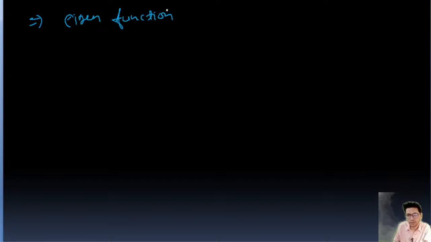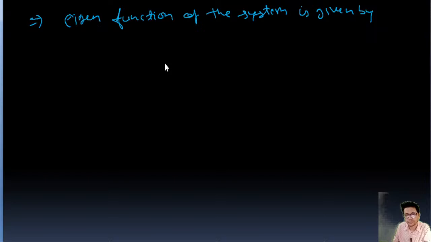Now what we are going to do is find the eigenfunction of the system. The eigenfunction of the system is given by phi, which is a function of t.